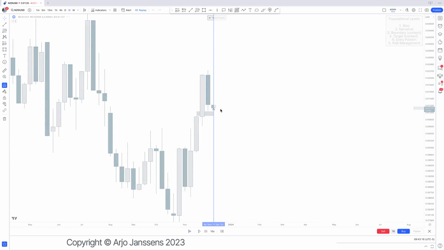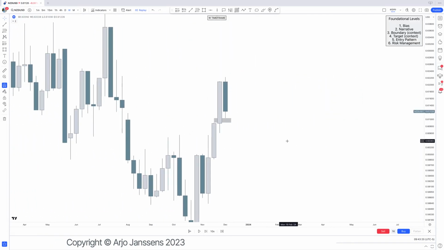So if we want to continue higher right there, then what is the first alert that we use? The first alert is set at the discount array that we actually expect higher prices from.